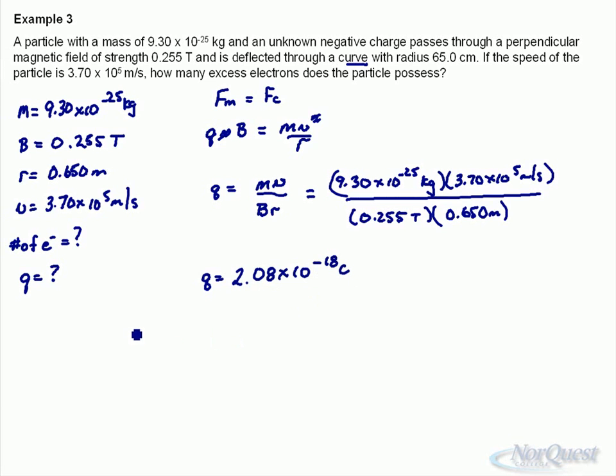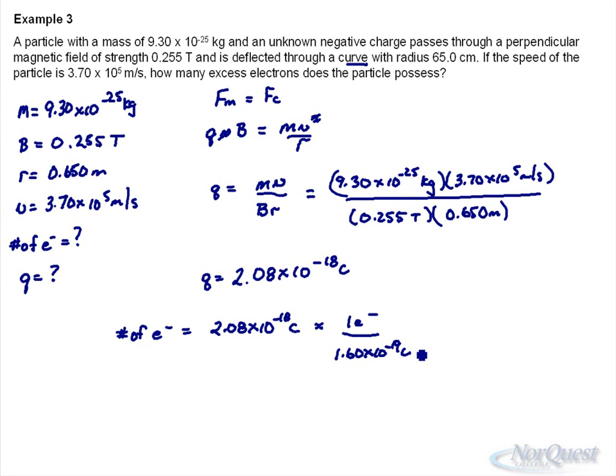And then if you want to find the number of electrons, it's going to be equal to 2.08 times 10 to the negative 18 coulombs times 1 electron over the conversion 1.60 times 10 to the negative 19 coulombs.